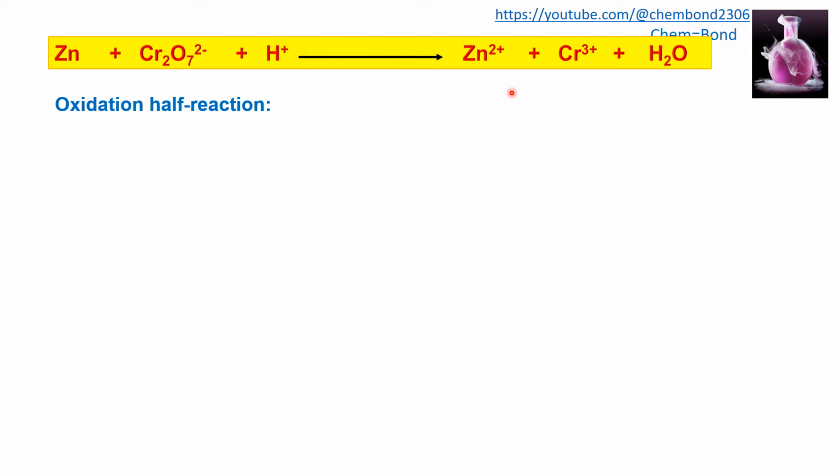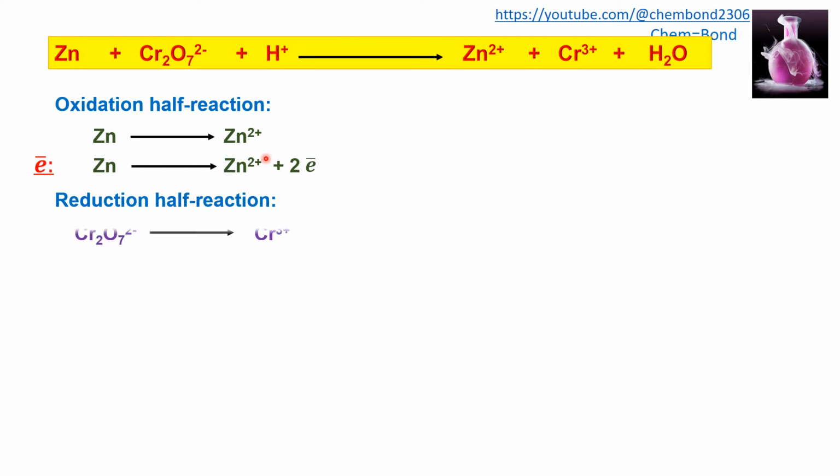So first is the splitting of both reactions. The oxidation half reaction will include zinc that is converted to zinc plus 2. Now we will balance the charge on both sides by adding 2 electrons. Here is 0, so we will make this side 0. So when the 2 plus is neutralized with 2 negative electrons, this side will become 0.